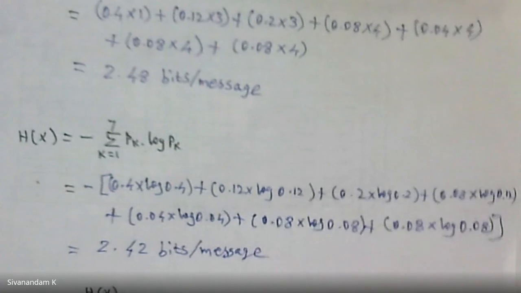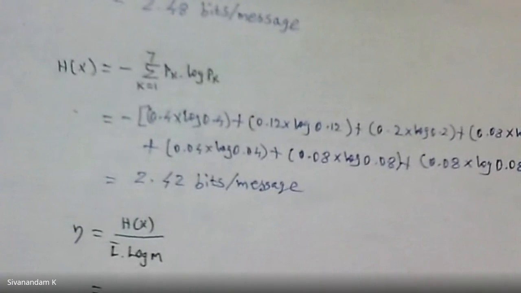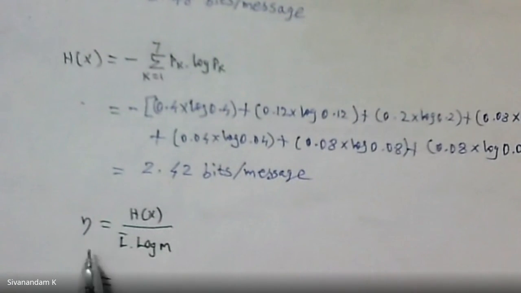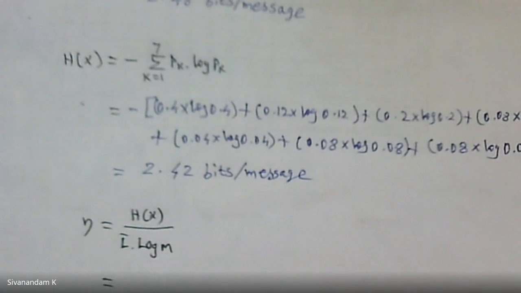Now we're going to find out the efficiency of the coding technique. So here we know that efficiency of coding equals entropy divided by average length of the code into logarithm of m. So here we use binary coding technique, so 0 and 1. So m takes value as 2.